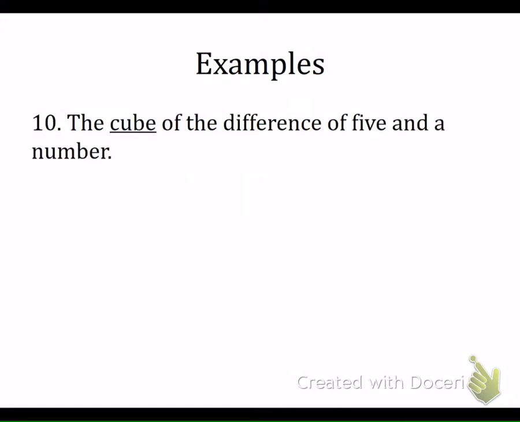The cube of the difference of 5 and a number. So what am I actually cubing? The whole difference, right? So I need to subtract before I do exponents. Well, the order of operations doesn't work like that unless you use parentheses. So what do you think this one's going to look like? 5 minus n. Yes, difference goes right in the correct order. So 5 minus n or x or whatever you want to do, and then close the parentheses, and then you cube that value.